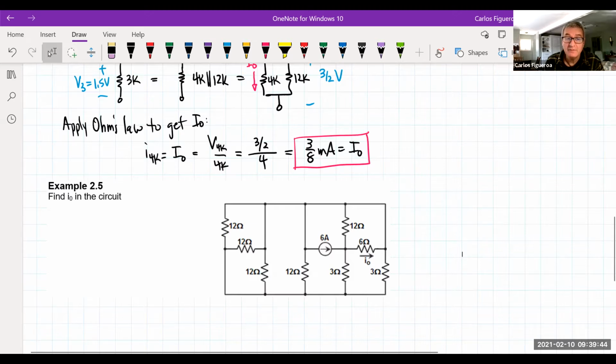Let me give you 30 seconds or so to tell me the number of nodes. Okay, let's do it.